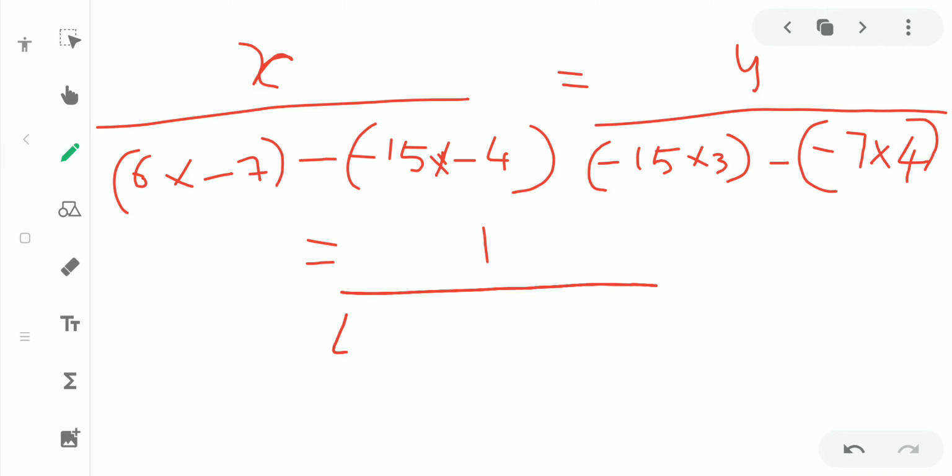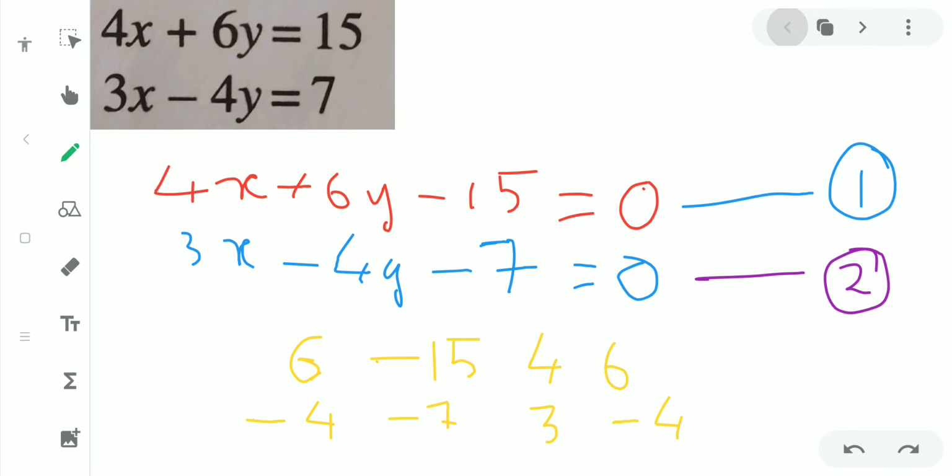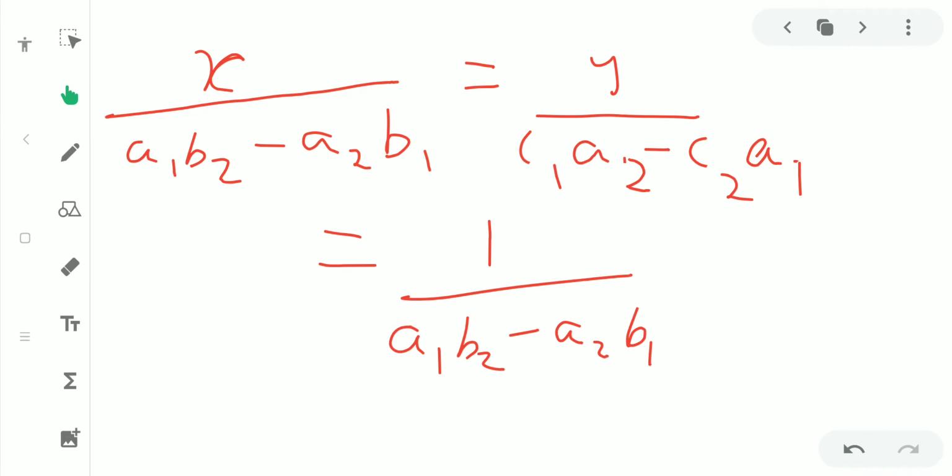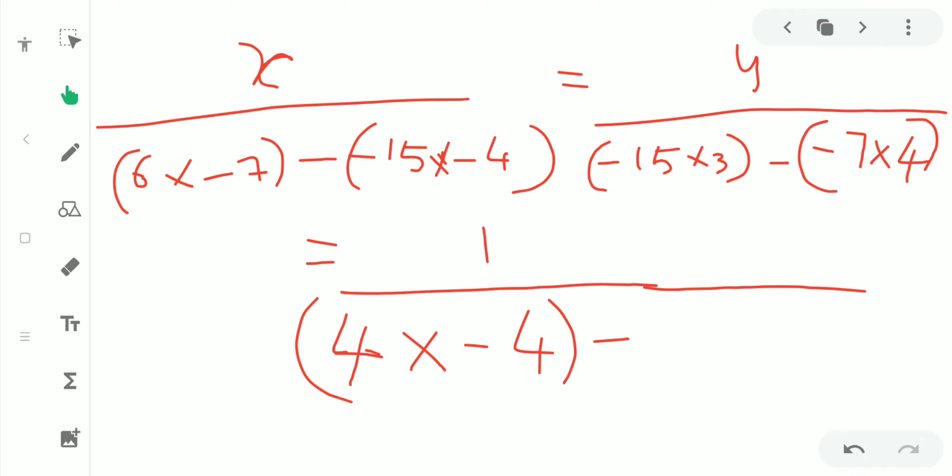four into minus 4, minus A2 into B1, that is 3 into 6.